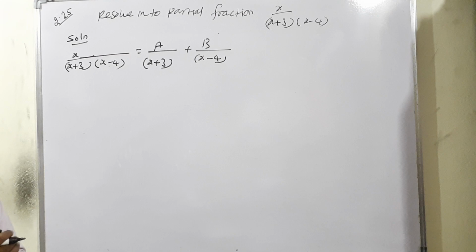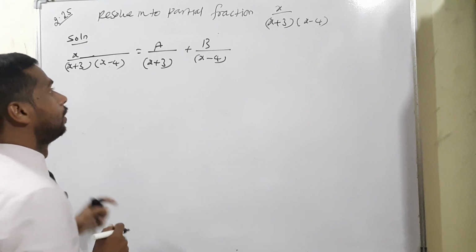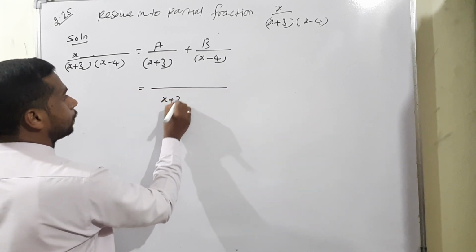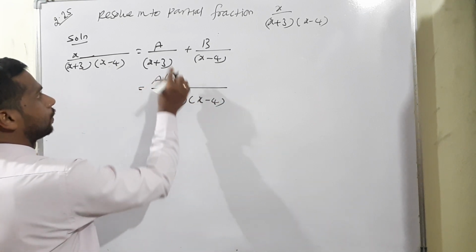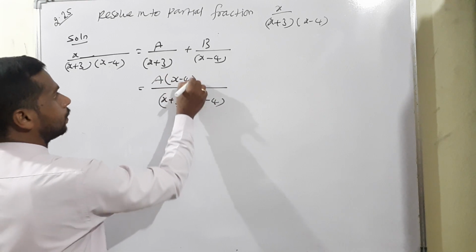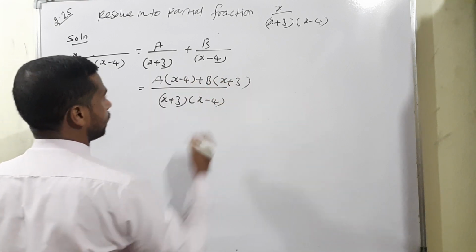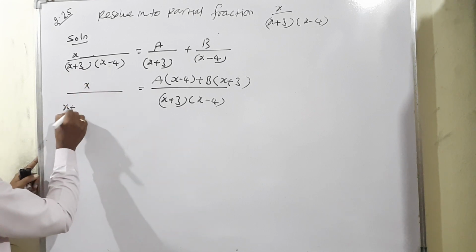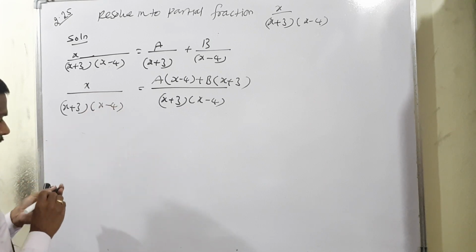The condition is a by x plus 3 and b by x minus 4. Take the LCM, x plus 3 into x minus 4. Cross multiply: a into x minus 4 plus b into x plus 3 will be equal to x by x plus 3 into x minus 4.